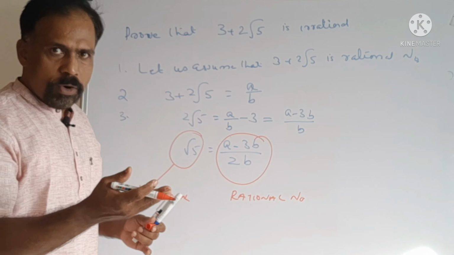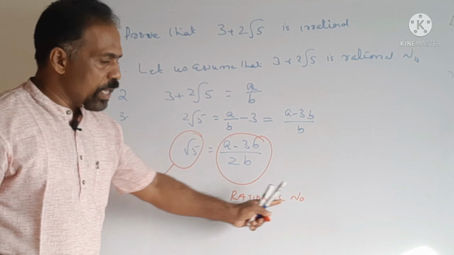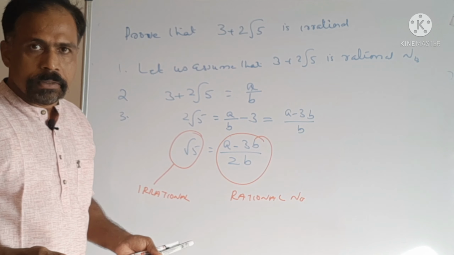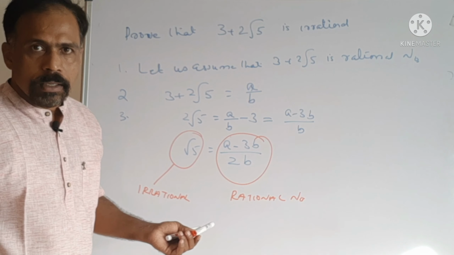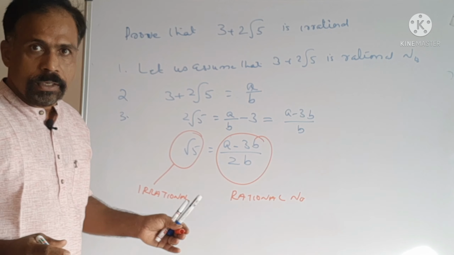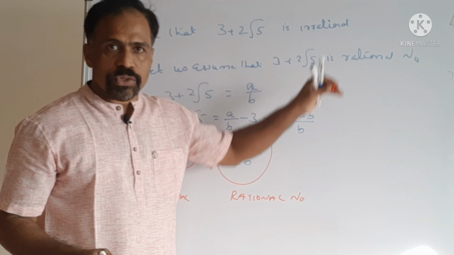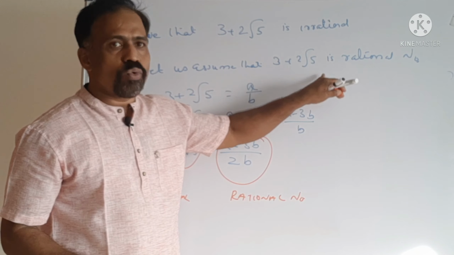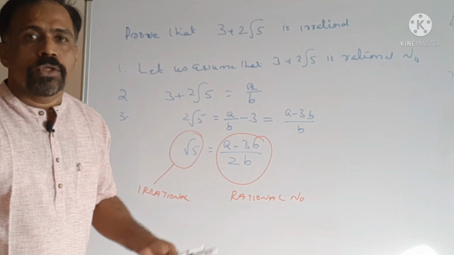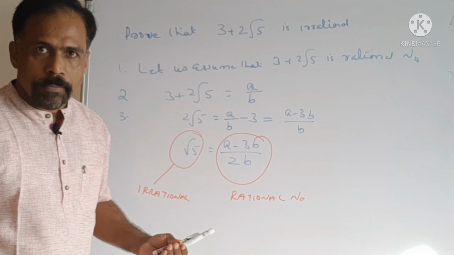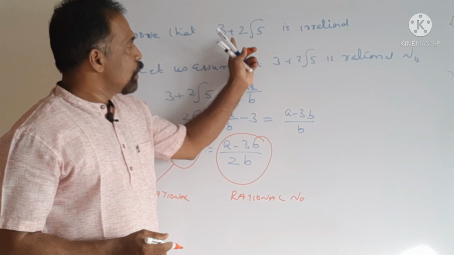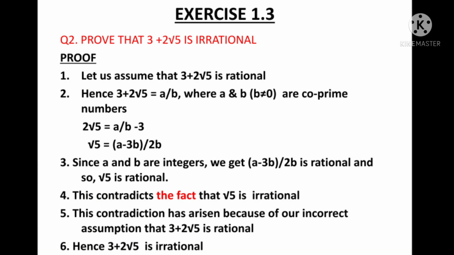On the right hand side it is a rational number, on the left hand side it is an irrational number. That is not possible. That means we have made a wrong assumption. Our assumption that 3 plus 2 root 5 is a rational number is wrong. This contradicts, so we can say that 3 plus 2 root 5 is irrational.